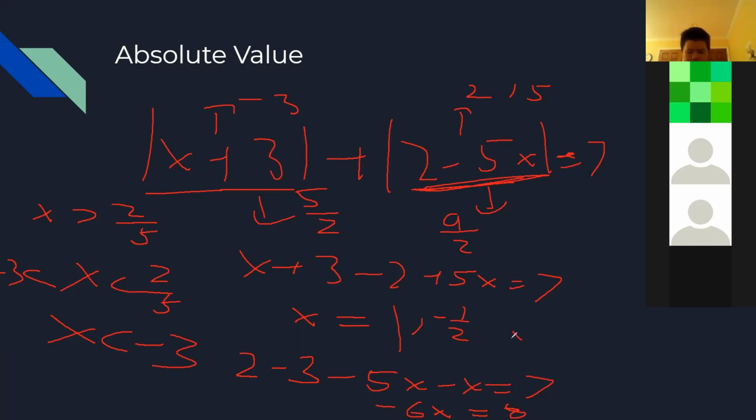So x equals negative 4/3. However, that does not agree with our initial assumption that x is less than negative 3. So what we have here is a sort of bogus solution. This is not a solution because it does not follow our initial restriction.